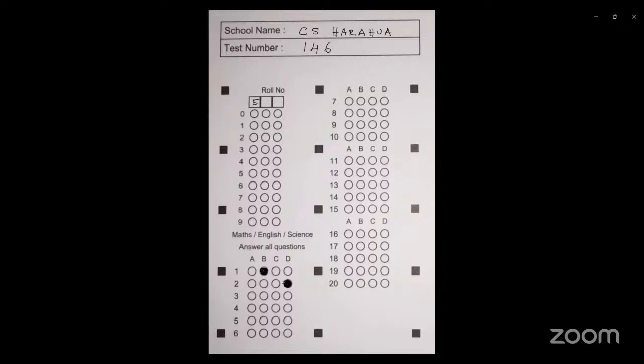Do not write anything else on the bubble sheet. This is very, very important. Do not write your name. Do not write your class. Do not write your section. Only school name, test number and roll number should be there. All the answer bubbles you should correctly shade. Do not smudge.